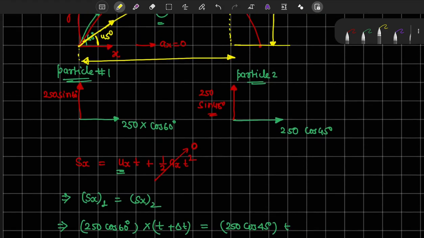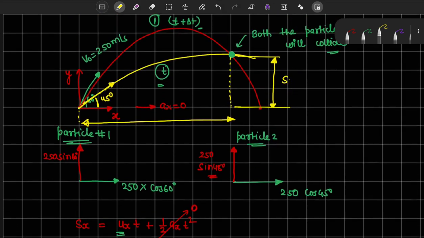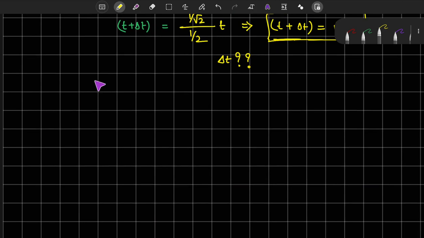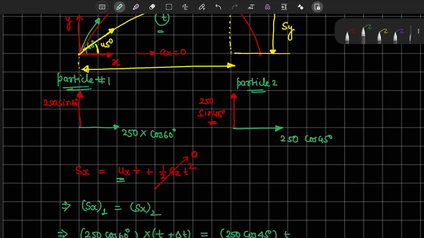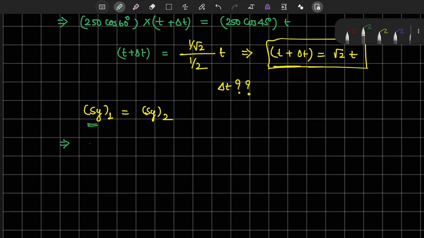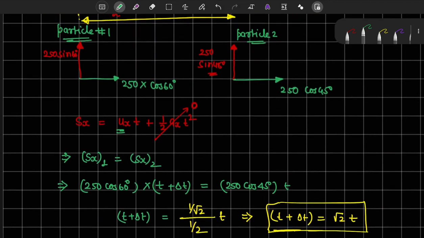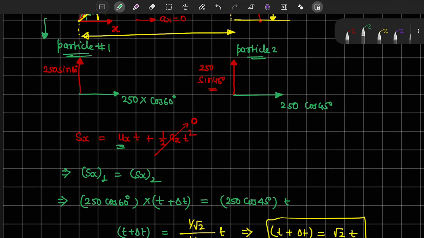For that we will equate the vertical displacement as well, let us say Sy. The vertical displacement for particle 1 is equal to the vertical displacement for particle 2. For particle 1, the initial velocity in the y direction is 250 sine 60 degree, so we can write 250 sine 60 degree into t plus delta t minus half into g into t plus delta t whole square, because the acceleration is in the negative y direction.